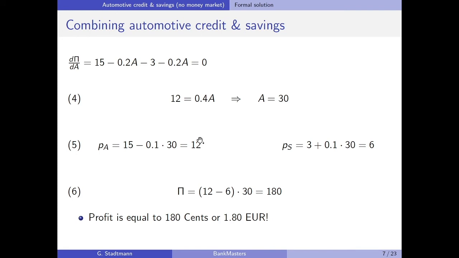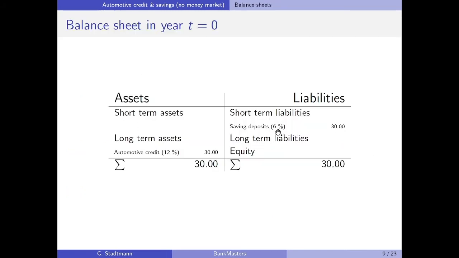We have actually found this. We have found that the interest rate was 12%. So the 6% was coming out of here. So when we wrote in here, we could see which one is long-term and which one is short-term liabilities. So the automated credit is stated as long-term assets, whereas the saving deposit is stated as the short-term liabilities.